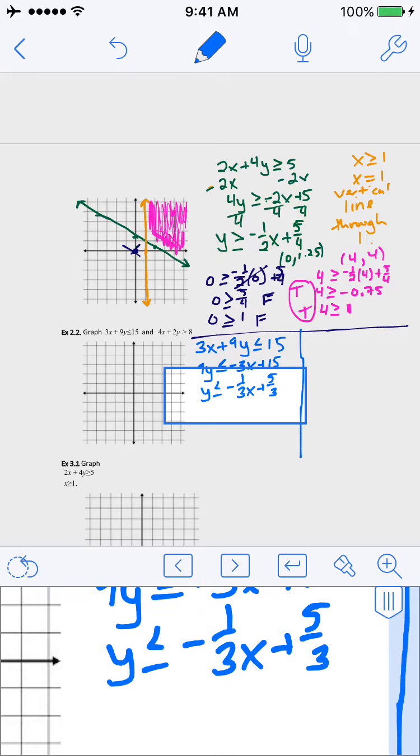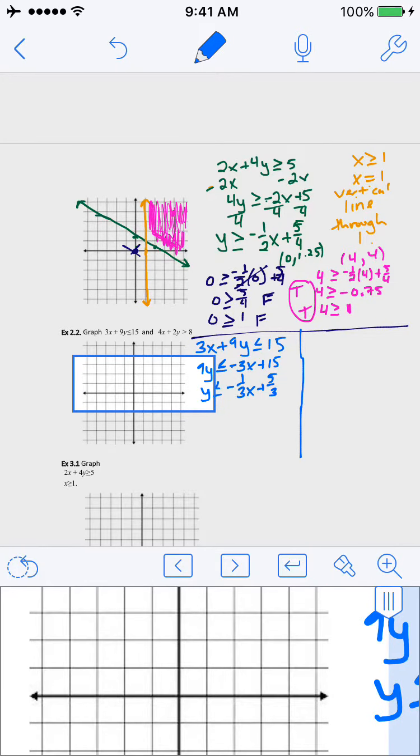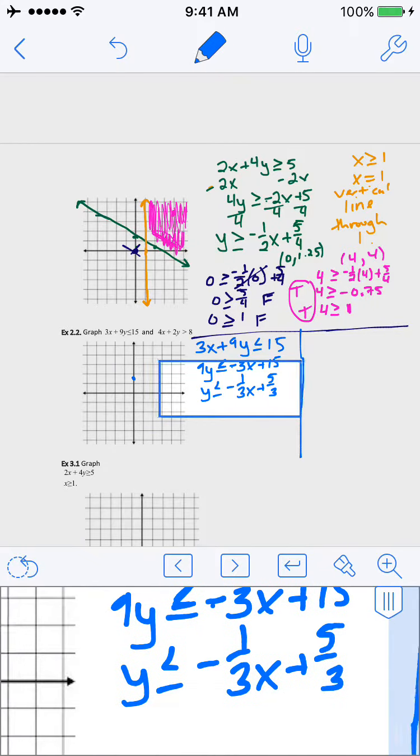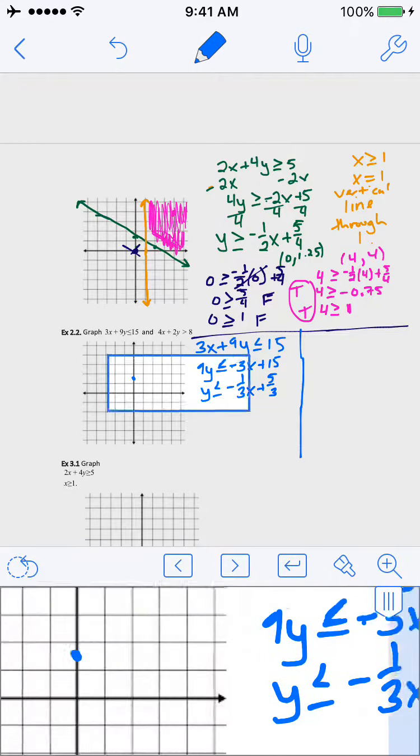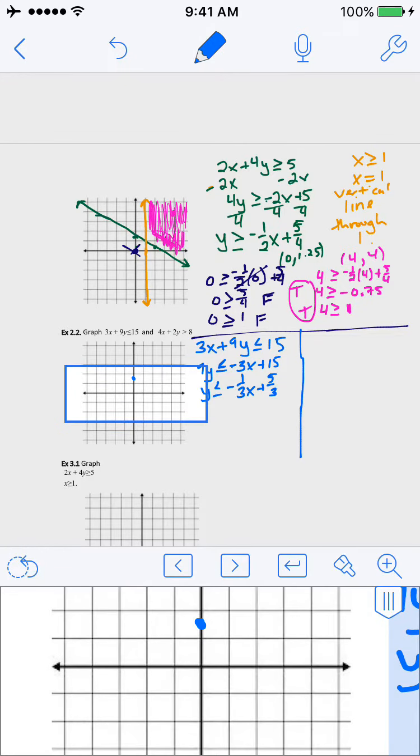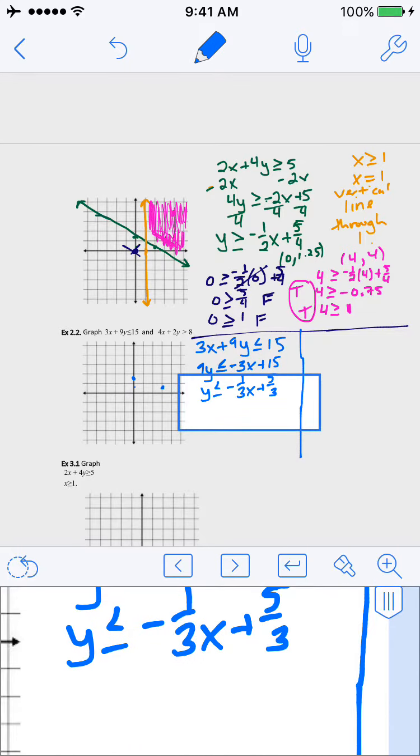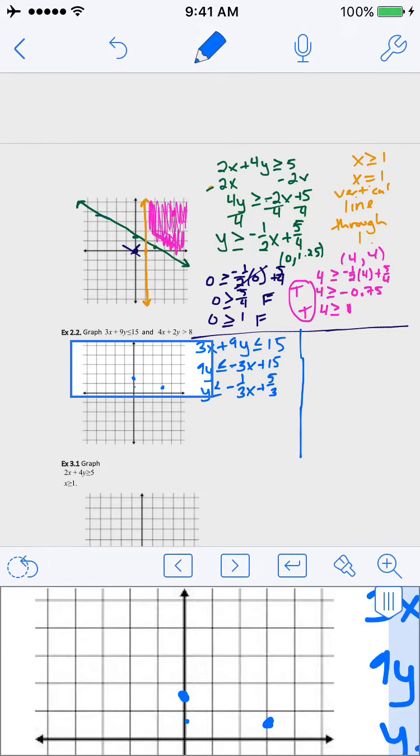So 5/3 is again about 1.6-ish. So we go up to 1.6. And then our slope says we go down 1 and over 3. So we go down 1, back to about 2/3, and over 3 to right about there. And it is a less than or equal to, so it's going to be a solid line.